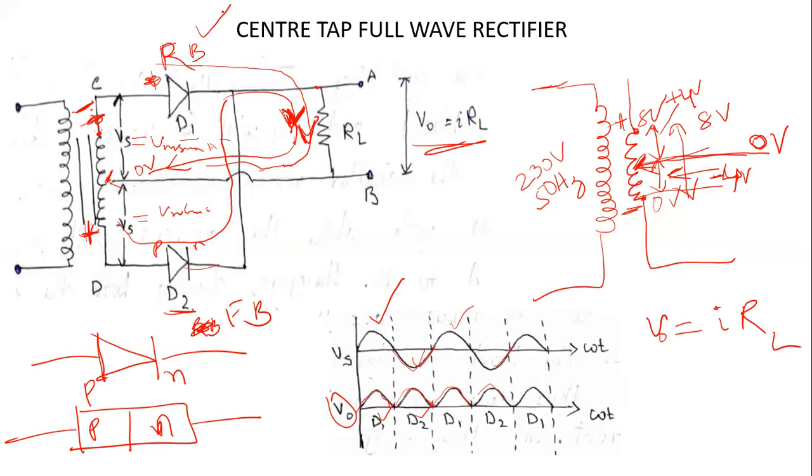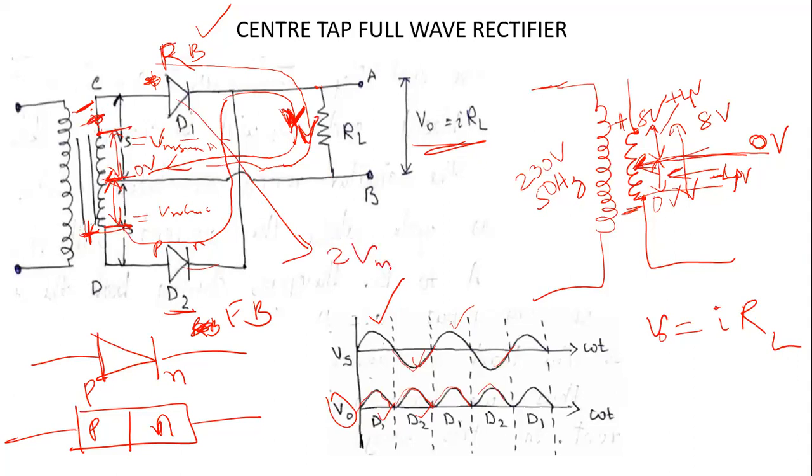What is the peak voltage appearing across this diode D1 under reverse bias? For this interval, the peak voltage is Vm. So if you reverse bias this under this negative cycle, the peak value of voltage that will act on this diode D1 will be 2 Vm.